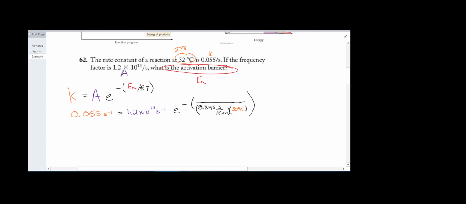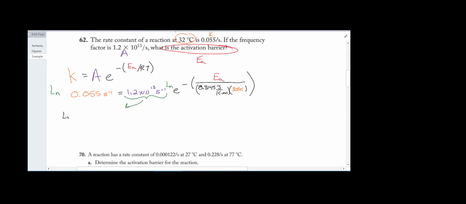We're looking for EA. So what do we do? Well, the first thing, I would move the purple number over and then take the natural log of both sides.